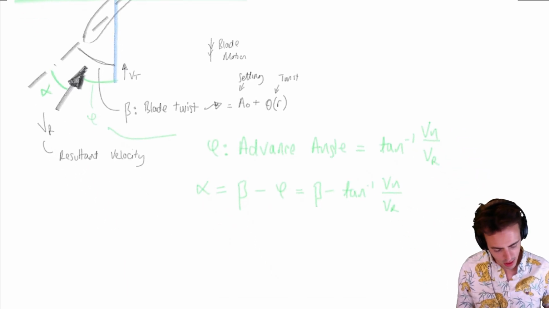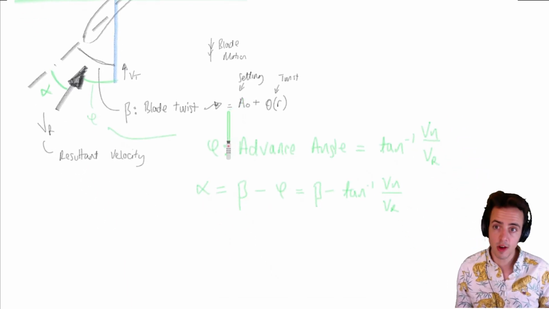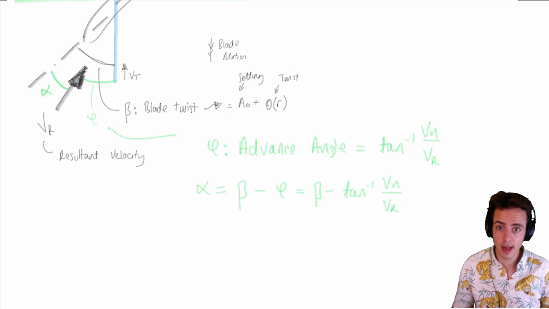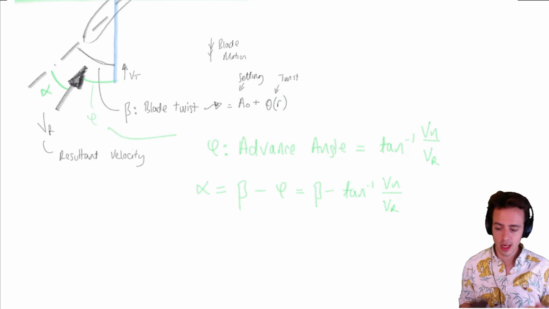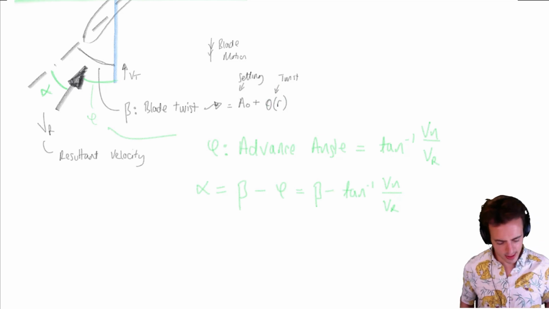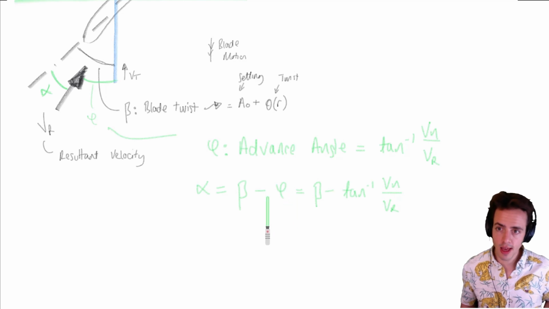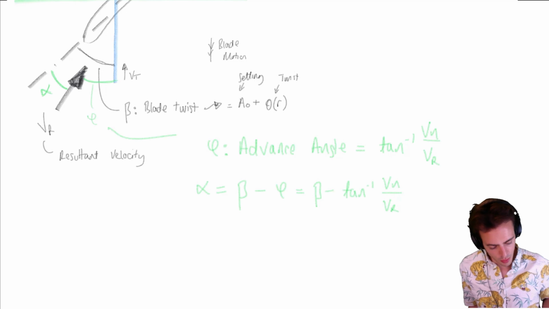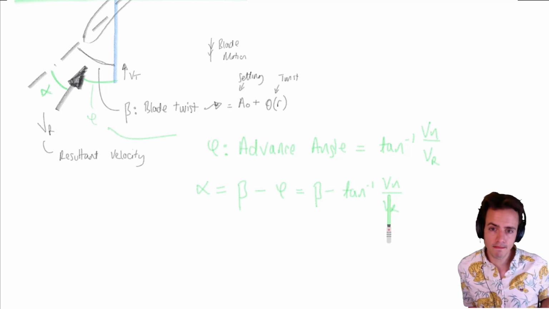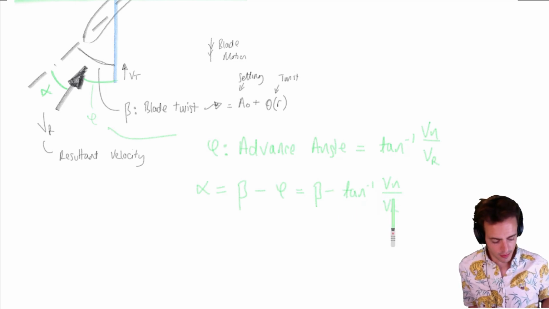It's then a function of whatever the blade twist is, which is a function of what the setting angle of the blade is, how much we've twisted the whole blade mechanically, and then whatever the local twist due to its structure, minus the advance angle. And the advance angle gets bigger with the greater forward speed. Okay?